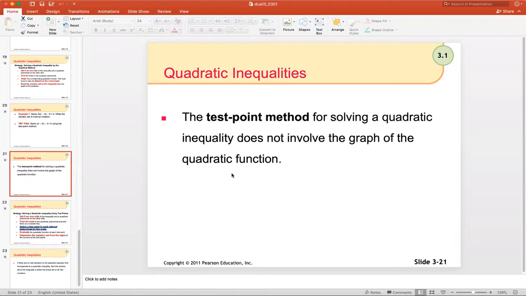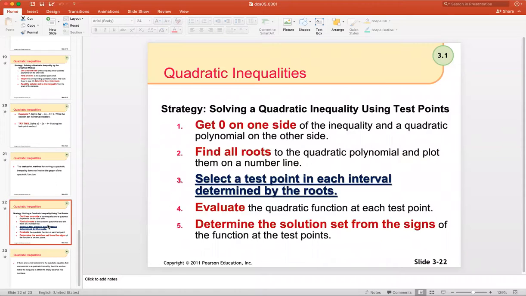Unlike the graphical method, we don't have to plot the graph of the quadratic function. Instead, we're going to pick a test point randomly for each subinterval identified by the roots of the corresponding quadratic polynomial.